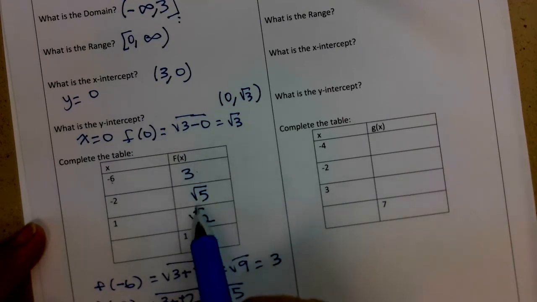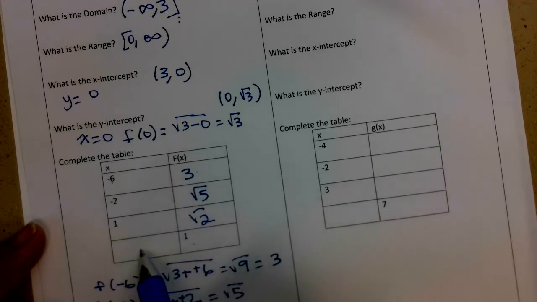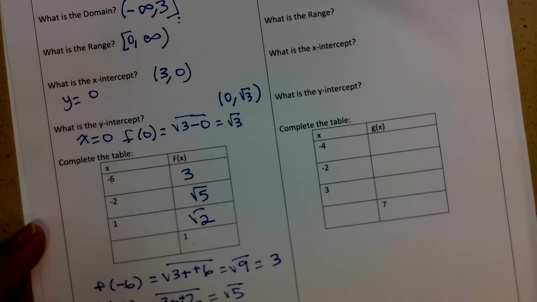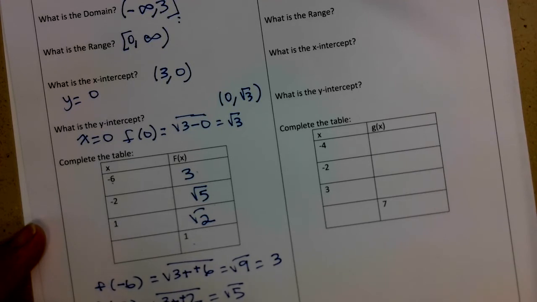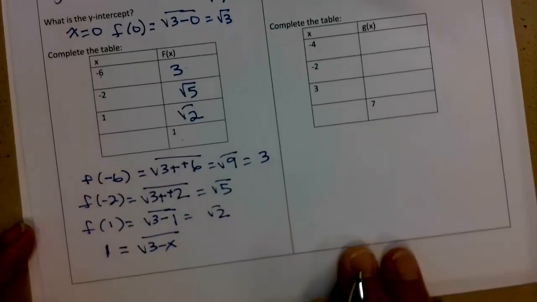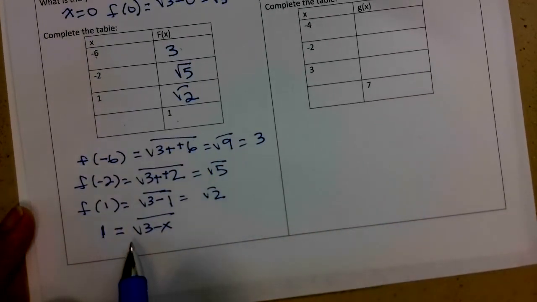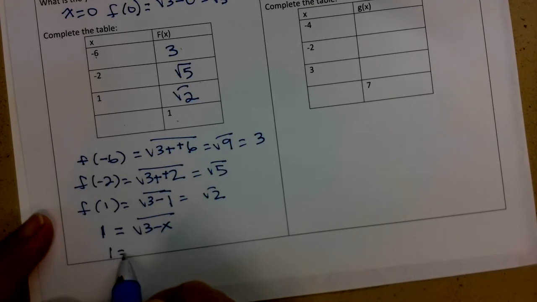And lastly, so this last one, what I do is I give you the f of x value, and you have to come up with the x value. So we're going to solve that a little bit differently, right? We're going to put the 1 where the f of x is, and then set 1 equal to the square root of 3 minus x. Let's solve for x here. So square both sides.